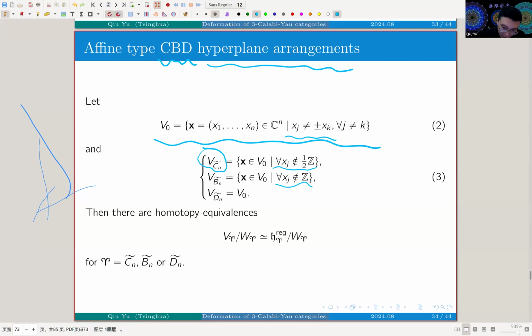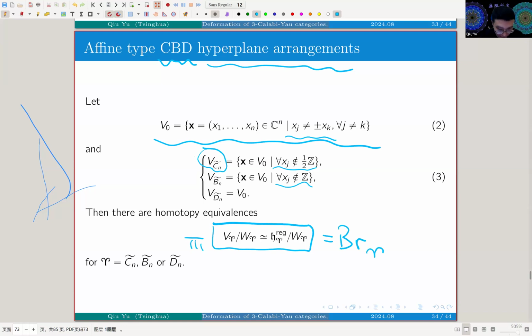For B and D, you want to add something back. The fundamental group of this hyperplane arrangement complement is the Weyl group's extension; the Weyl group acts on it, and after you take out the hyperplanes and take the quotient, the pi 1 will be the braid group. That's the previous result we mentioned.